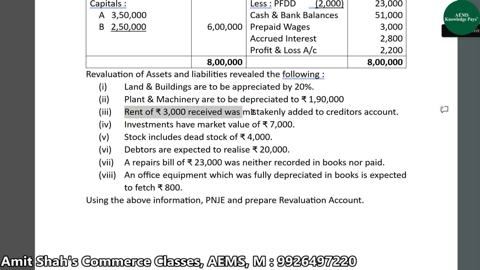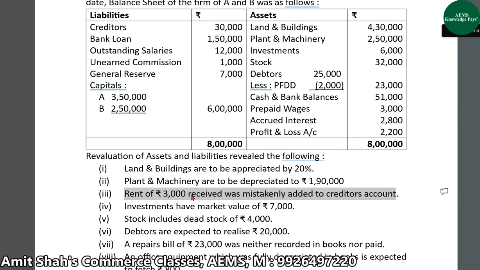Rent of rupees 3,000 received was mistakenly added to creditors account. So we received rent, we debited cash or bank account for that, and instead of crediting rent account, we mistakenly credited creditors account. It means now we need to decrease our creditors because this 3,000 of rent unnecessarily got added to creditors.